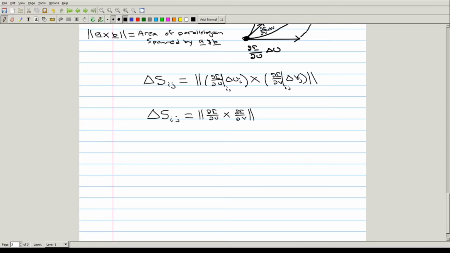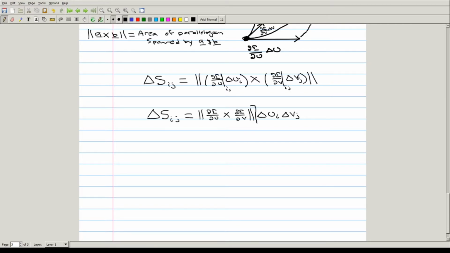They're just scalar values, so they'll come out. And I'll omit the dependence on i and j here just to make this short, but remember each one of these is different at each different value of ij. So really we should have an index here.